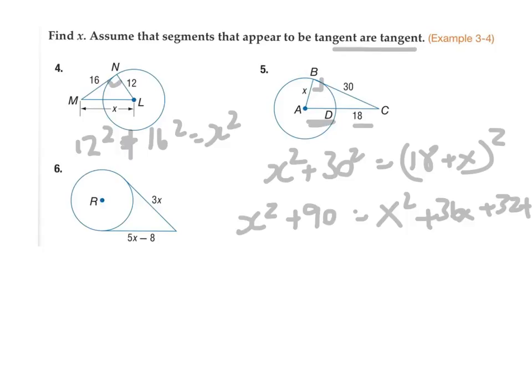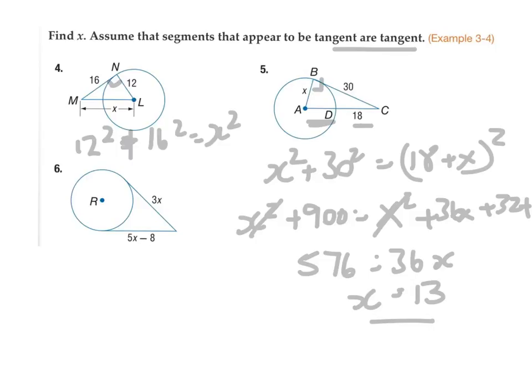Okay, it looks nasty, but it isn't. The x squared terms will cancel out. Subtract your 324 from your 900, and you get 576, and that equals 36x. Divide by 36, and x will be 16.